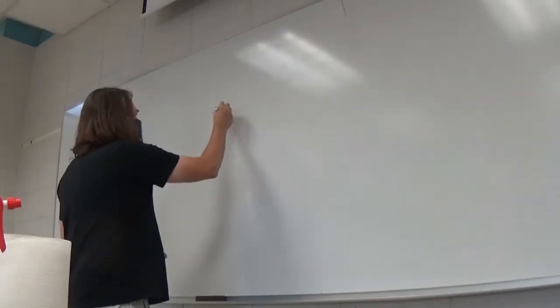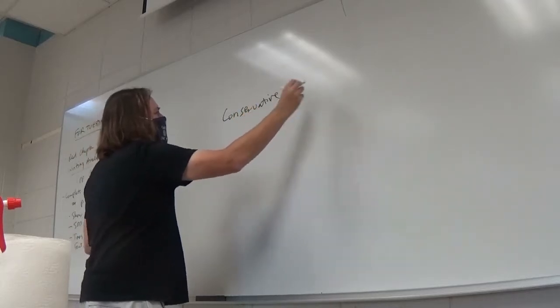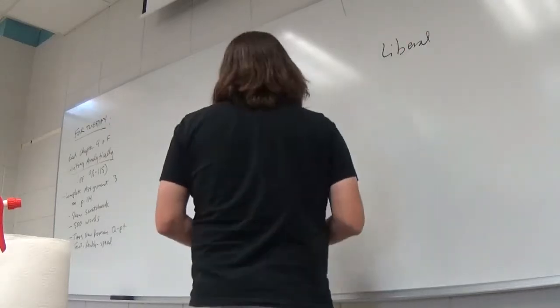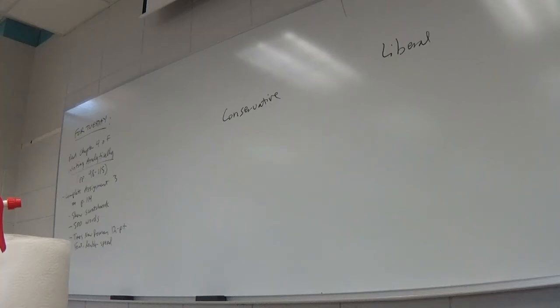So these words are simply conservative and liberal, right? Now, I will also grant that there are other possible political positions that don't fit cleanly into either of these two categories. But since we have a two-party system that tends to work in these kinds of binary terms, this is what I want us to try to think about.